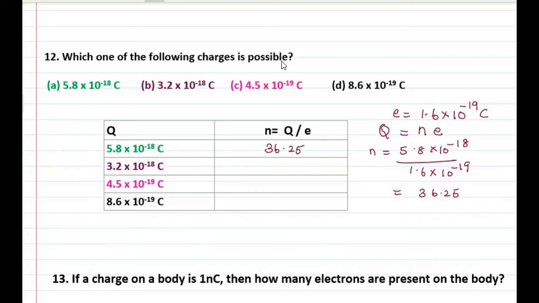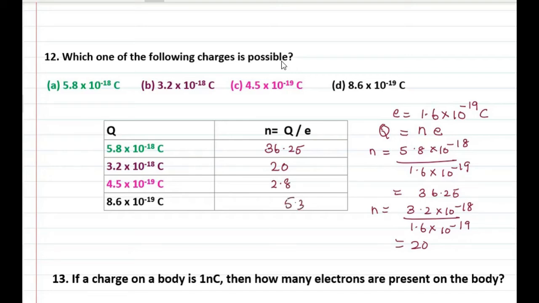Similarly, divide 3.2 into 10 to the power of minus 18 by 1.6 into 10 to the power of minus 19, so we get 20. For 4.5 we get 2.8 after dividing, and for 8.6 we get 5.3.